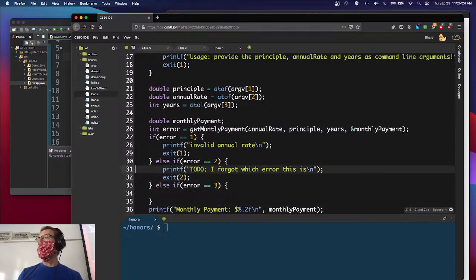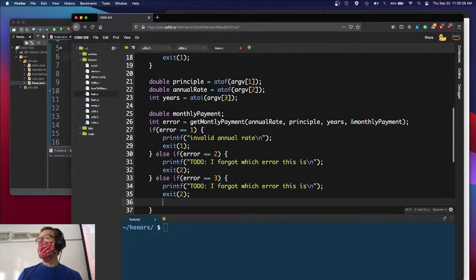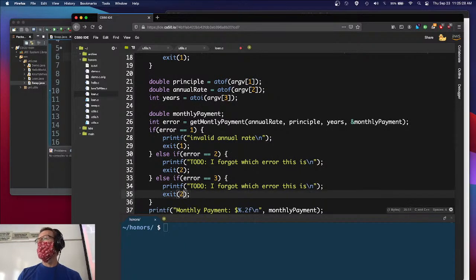Then yet again, I forgot which one this was. We'll go ahead and just exit with 3. Oops, there we go. All right. Now, I think I do remember which ones they are, but I'm trying to drive home a point here. You have a bad memory. Are you going to remember what 1, 2, and 3 stood for?